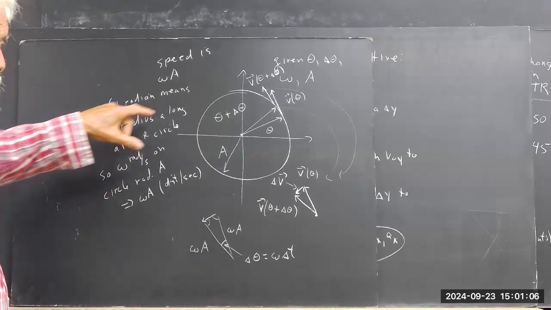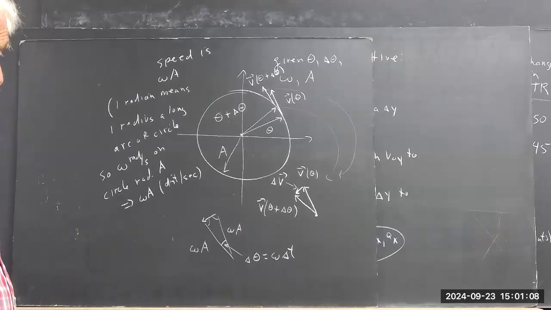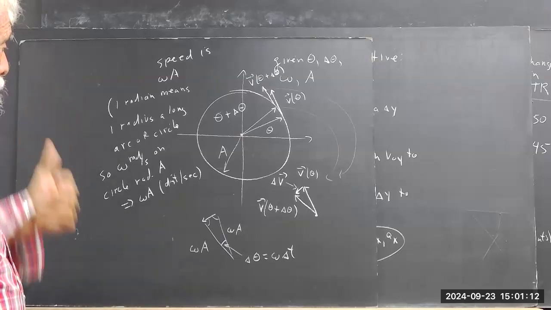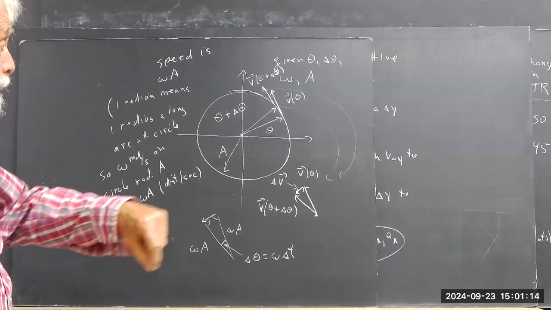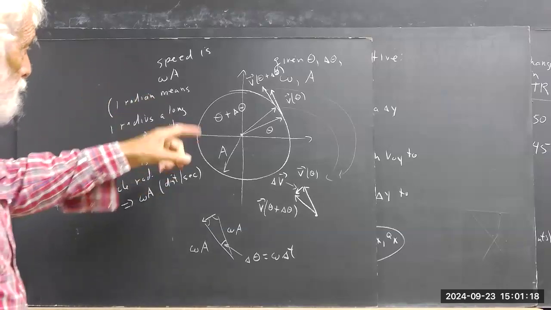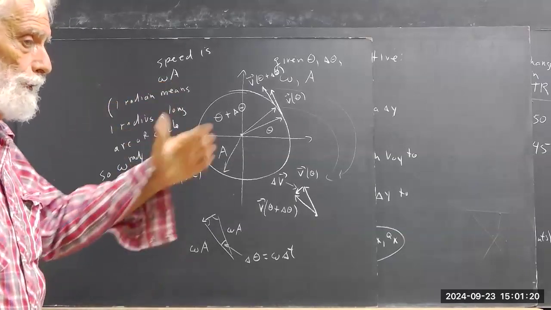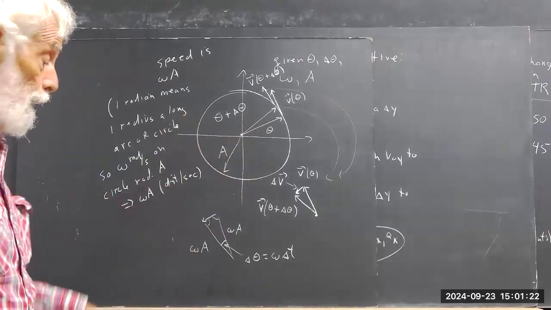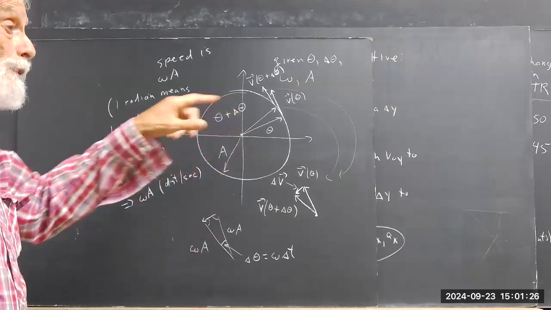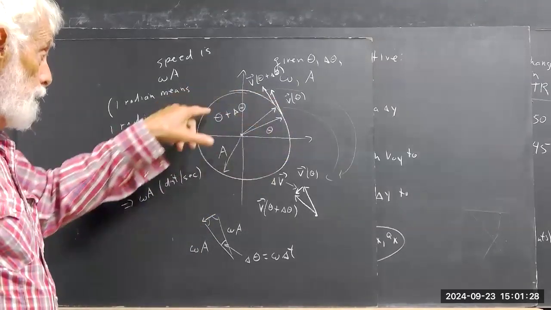Again, 1 radian means 1 radius along the arc. So how fast are you moving along the arc? Well, if you're doing 1 radian per second, you're going to move at 1 radius per second. So if the radius is A, you go a distance A per second. Now, if it's 2 radians per second, well, then you're going to go 2 radians, or twice distance A, along the arc.